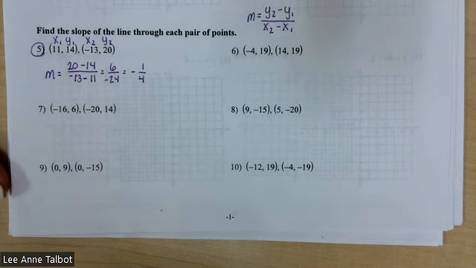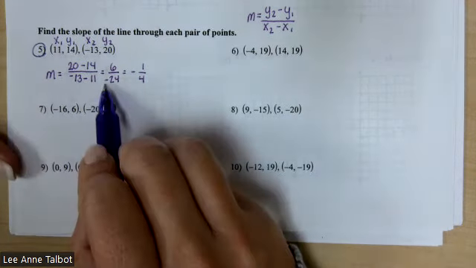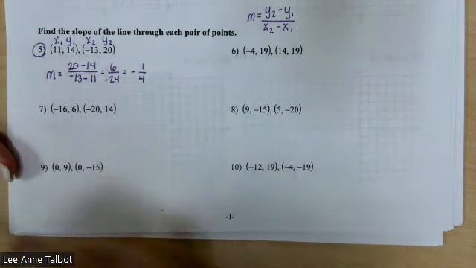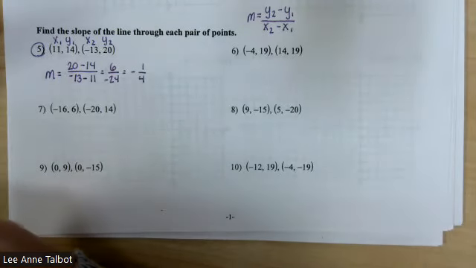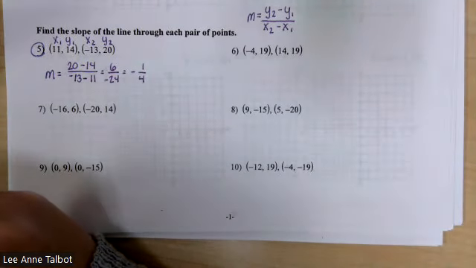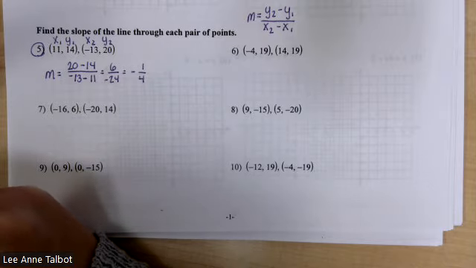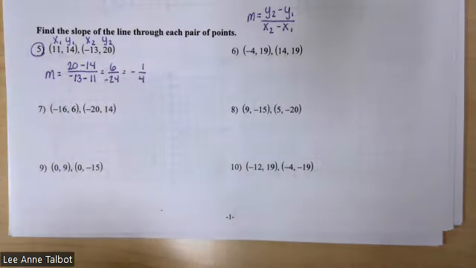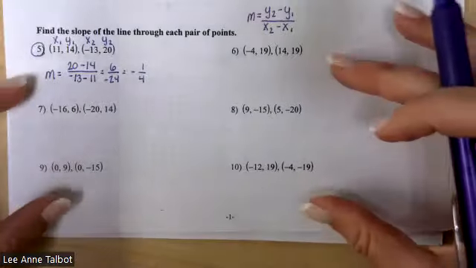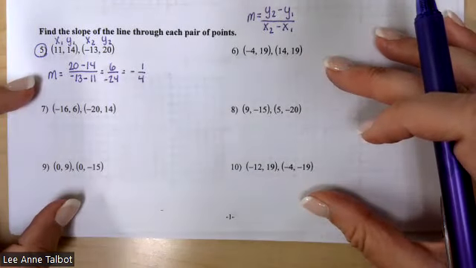Okay. And notice the negative's down here, but I moved it out to the front. What do you do if there's 2 negatives? Cancel them, and then the fraction would be positive. Okay, any questions about how to do problems 5 through 10?